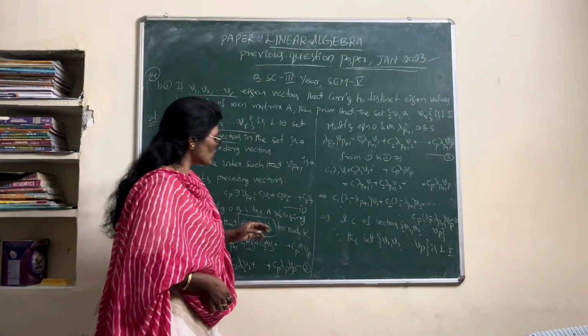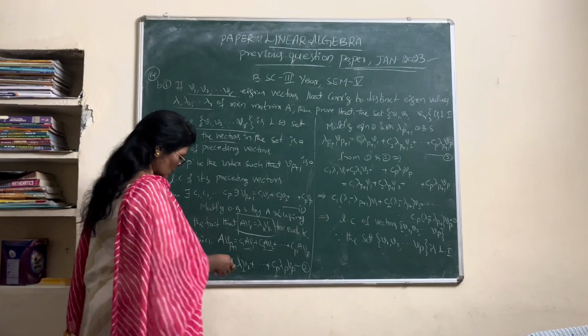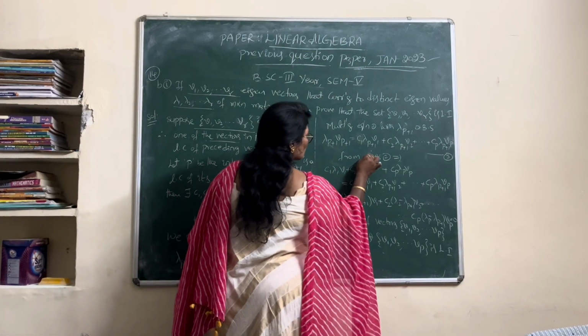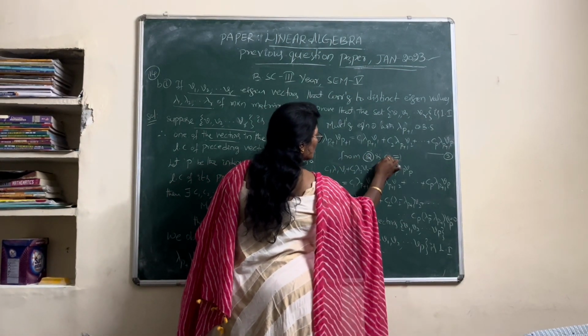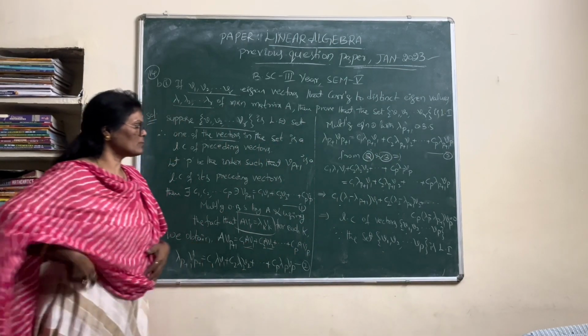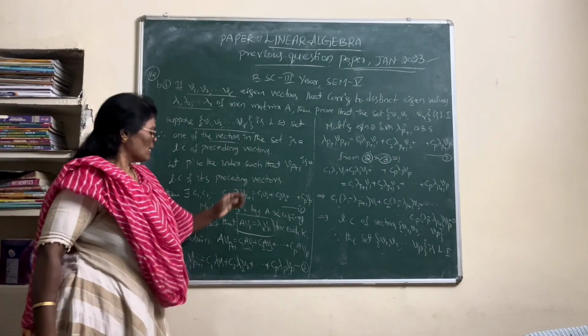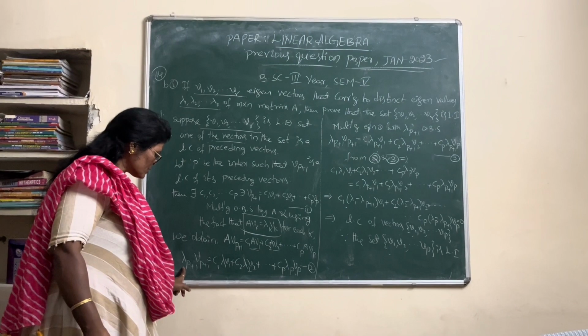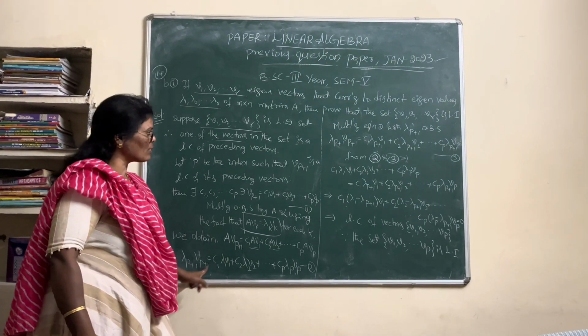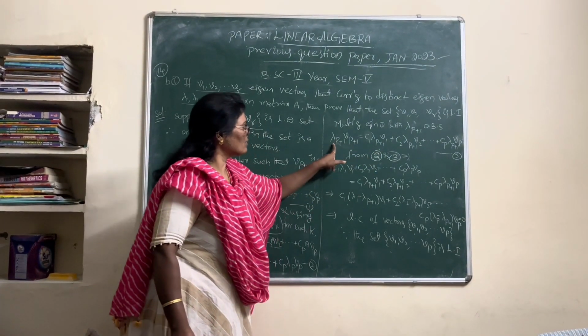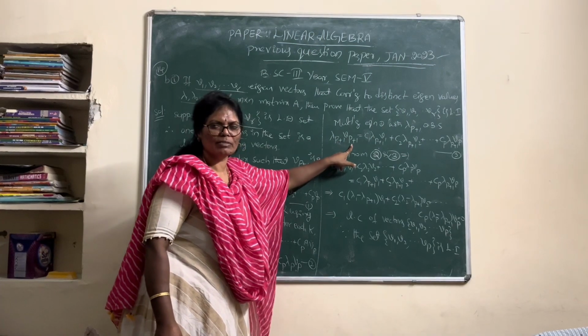From equations 2 and 3, not 1 and 3, take these two. In the second equation the left hand side is lambda p+1 Vp+1, and in equation 3 the left hand side is also lambda p+1 Vp+1.